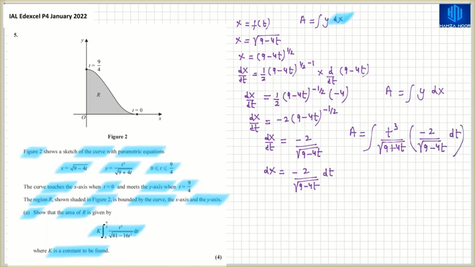As you can see, the area equals the integral of y with respect to x. The upper value of x is a and the lower value of x is b. When x equals a, t equals 0, and when x equals b, t equals 9 over 4.